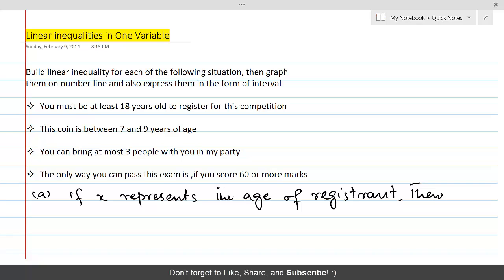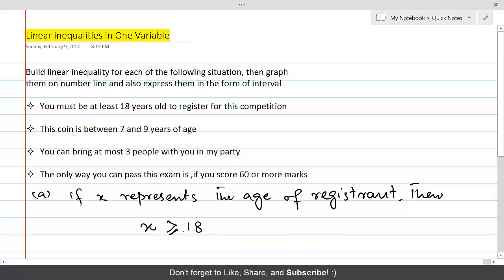So both of these possibilities are included. Therefore, we are going to express both of those possibilities in our mathematical model. So X greater than 18 will express the situation where the age of the person is more than 18. But because the registrant can be exactly equal to 18, we will include the equality sign as well.